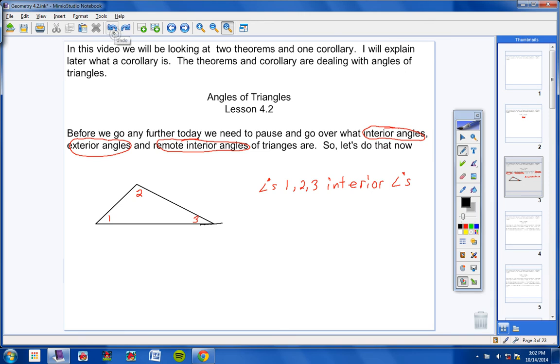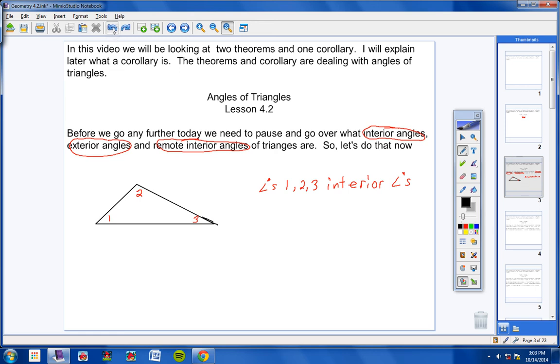Or I could extend this side here like that, and here's my exterior angle. In other words, this is a vertex, this is a vertex, and this is a vertex. At every vertex, we have two possible exterior angles. Two. Let me show you.